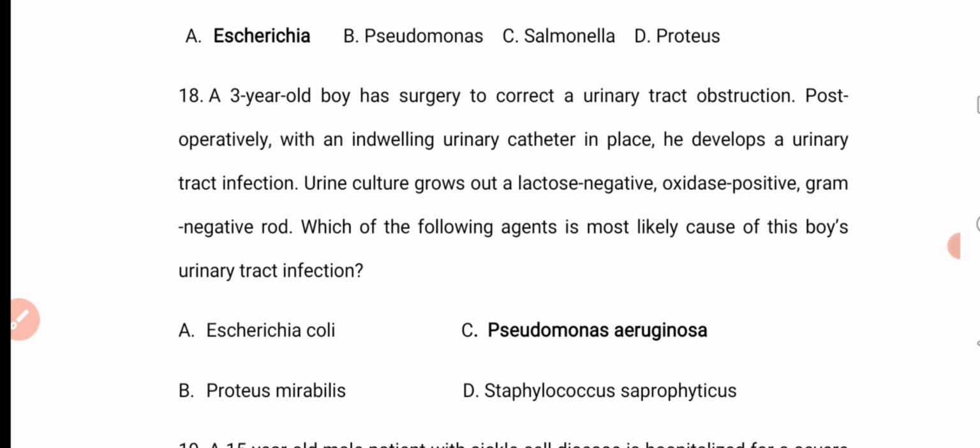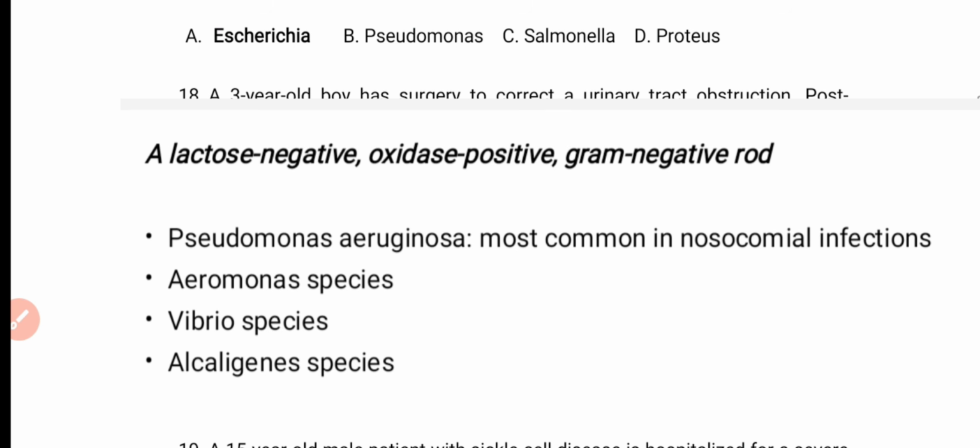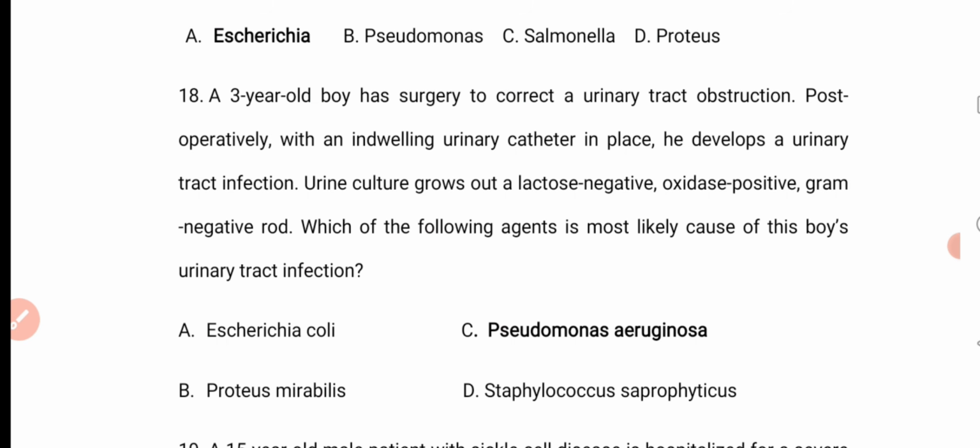So let us see: lactose negative, oxidase positive, and gram-negative rods. The first are Pseudomonas, Aeromonas, Vibrio, and Alcaligenes species. They have these things in common: they are lactose negative, oxidase positive, and gram-negative rods. But as we see here, the boy has caught this infection by what? Indwelling urinary catheter.